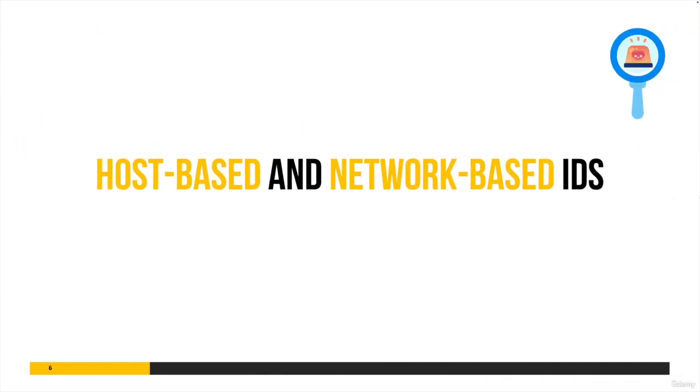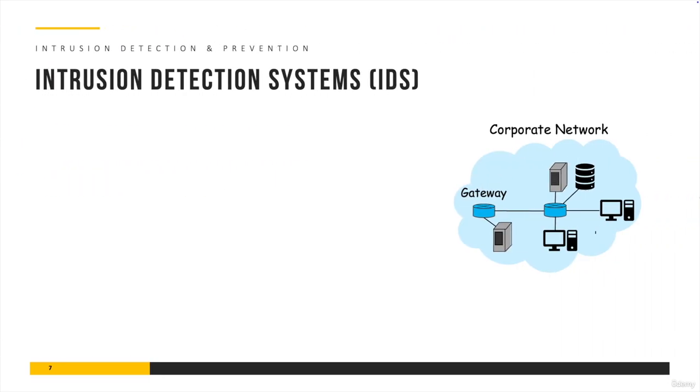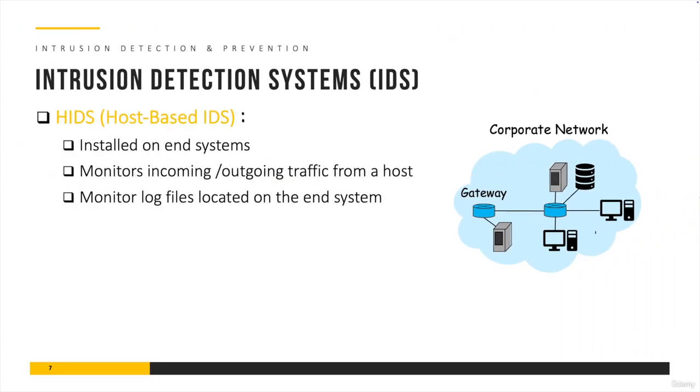Now there are two big families of intrusion detection systems, host-based and network-based. The way that they operate and monitor traffic is a bit different. So let's start with host-based intrusion detection systems, or HIDS. These are installed on end systems and they monitor the incoming and outgoing traffic of a specific host.